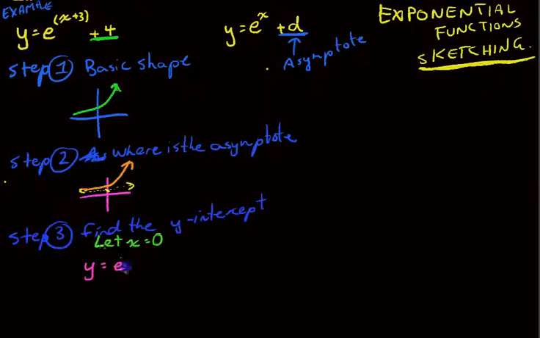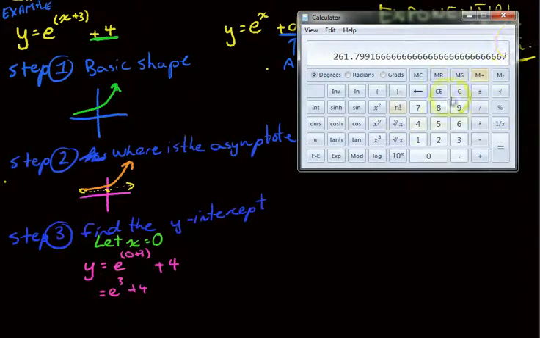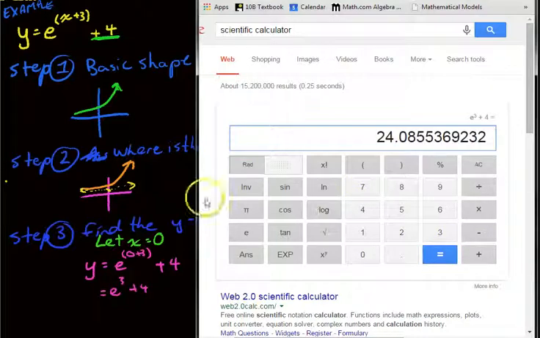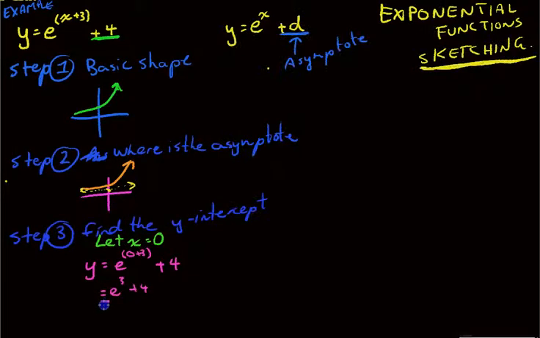y equals e to the power of 0 plus 3, plus 4. That's just e to the 3 plus 4. I'll just grab my calculator. If we type that into our calculator, e to the power of 3 plus 4, that'll give us 24.08.